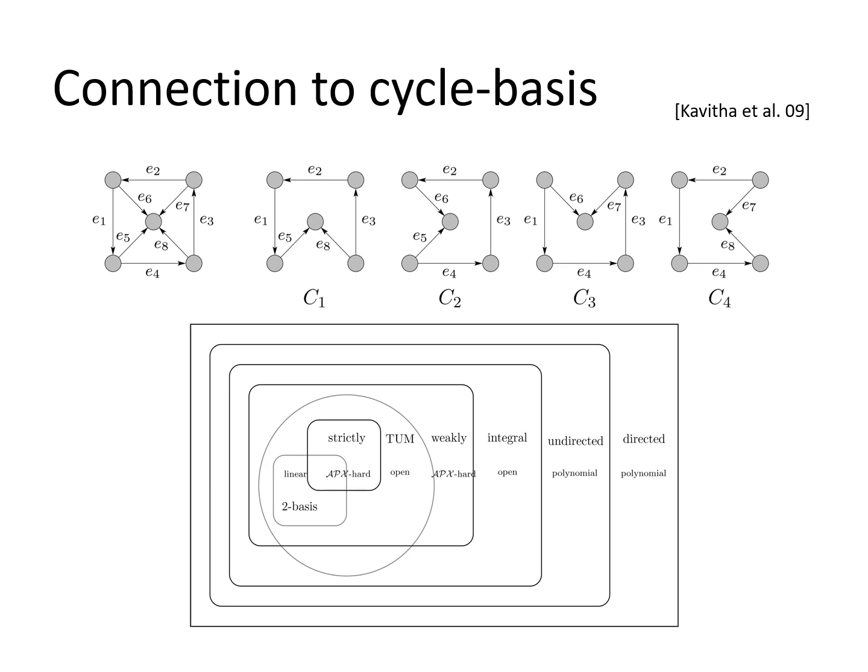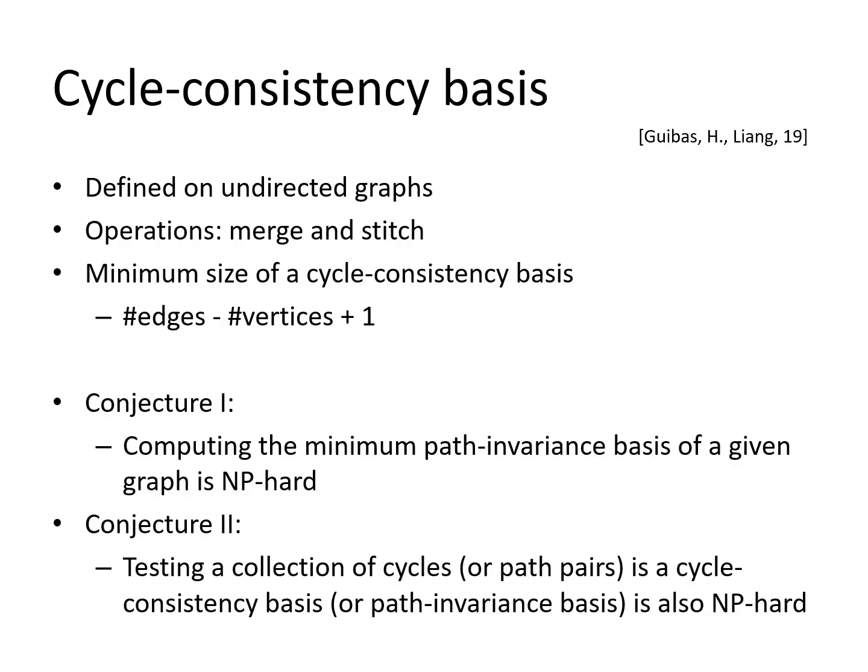Depending on the weights, like integers, binary integers, real values, we can divide the cycle basis into different categories. The cycle basis generalizes to the cycle consistency basis, defined on directed graphs.